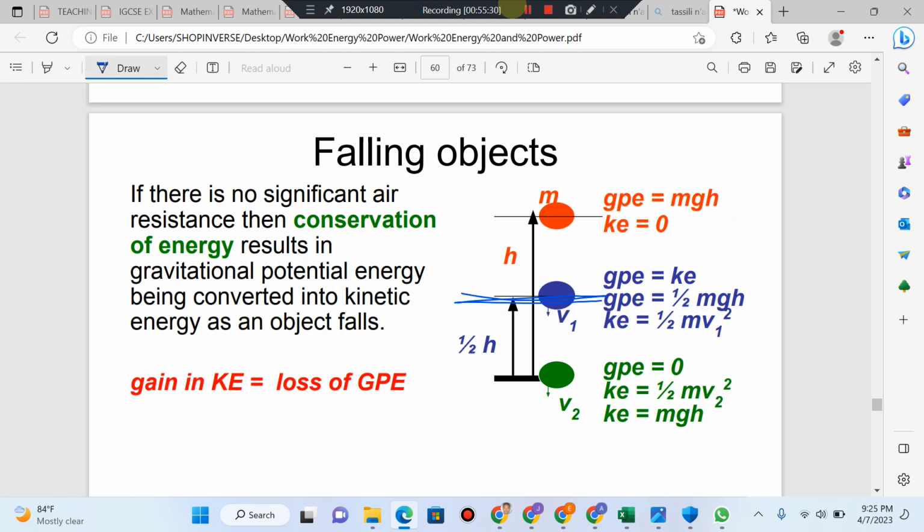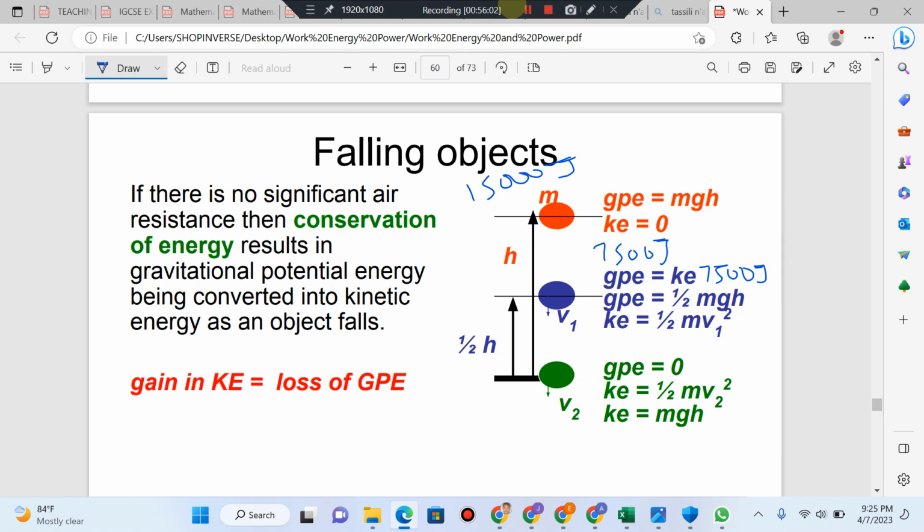And take note that exactly midway in its journey, half of its journey, its gravitational potential energy will be equal to its kinetic energy. If in the beginning, all the energy was 15,000 joules, midway in its journey, its gravitational potential energy will be 7,500 joules, while the kinetic energy will also be 7,500 joules.